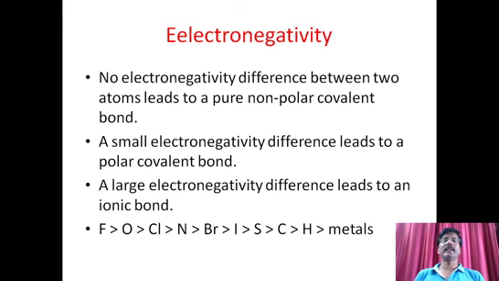Whenever there is a difference in the electronegativity between the two atoms sharing the electron pair, bond polarization takes place. If there is no difference in electronegativity, no bond polarization takes place.